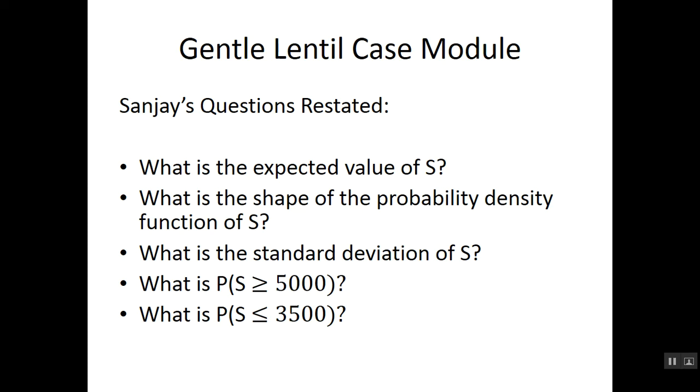What is the standard deviation of S? He also wants to know what's the probability S is greater than or equal to 5,000, and what's the probability S is less than or equal to 3,500. Now these are the same 5 questions we asked before. They're just written in a little bit more mathematical notation.